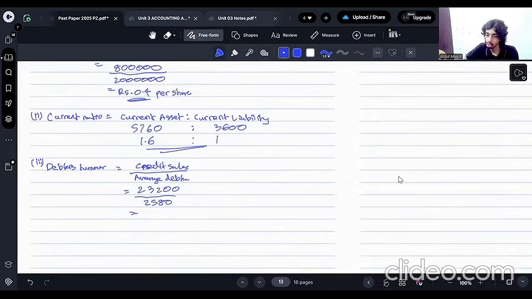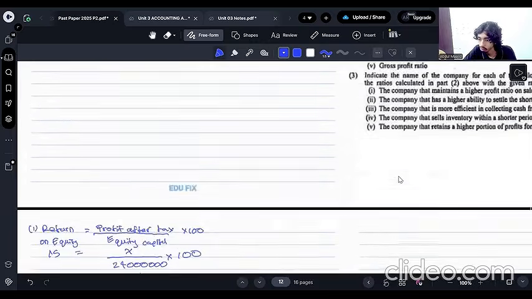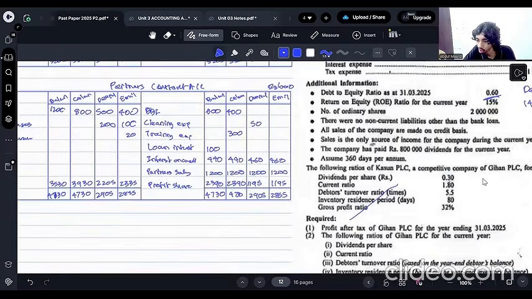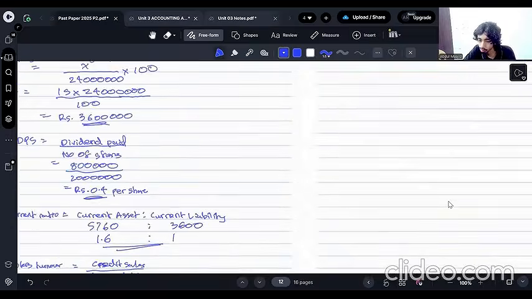Then you will get your answer as 23,200 divided by 2580, 8.99 times. Okay. And the fourth one is asking you for inventory residence period.